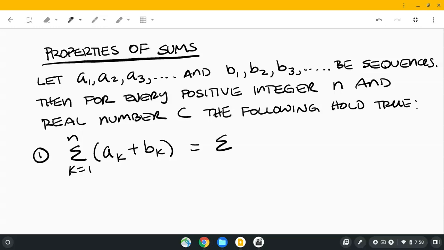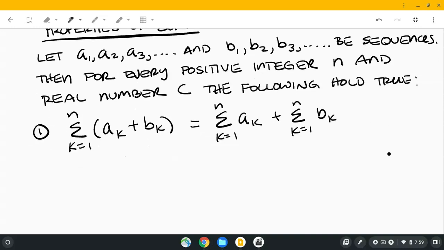So you can find the sum of this sequence first, and then you can find this one, and then whatever answer you get here, you can add it with whatever answer you get there. So if you are taking the summation of two sequences, then you can split them up.